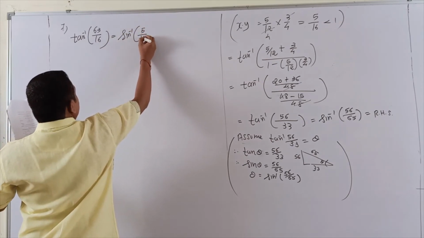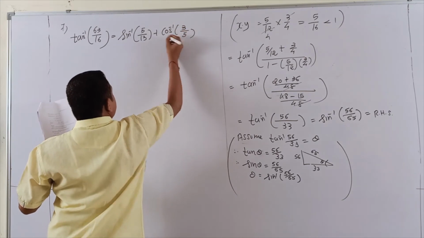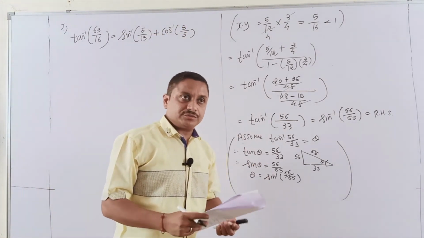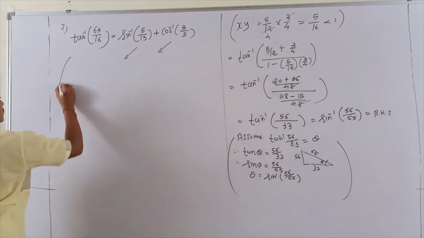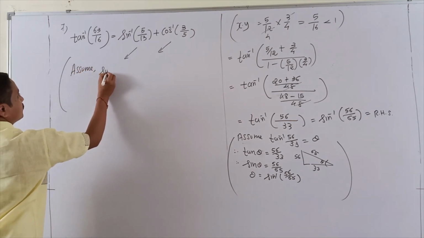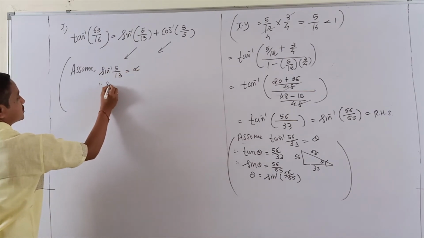Sin inverse 5 by 13 plus cos inverse 3 by 5. But this answer is also the same solution, but I start from RHS here. Assume sin inverse 5 by 13 is alpha.